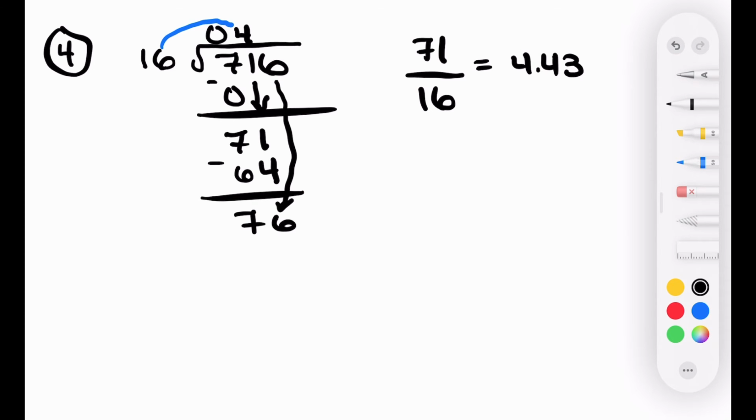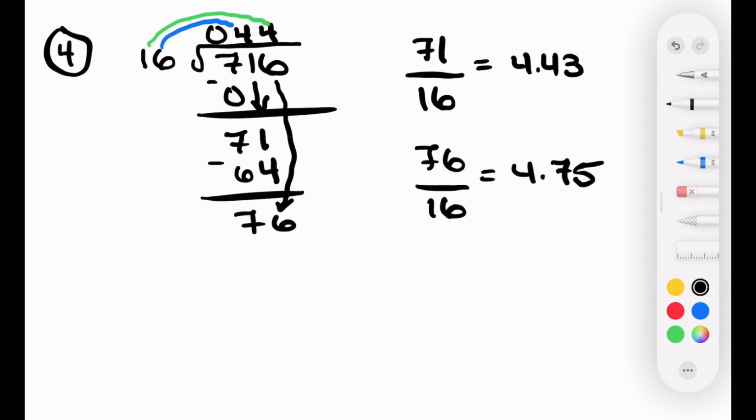We say 76 divided by 16. That's going to be equal to 4.75, which isn't quite 5, so we're just going to write 4 up. Now we have to do the same thing yet again. We do 16 times 4, or our last digit of the quotient. We get 64 back again because it's the same thing we multiplied last time.